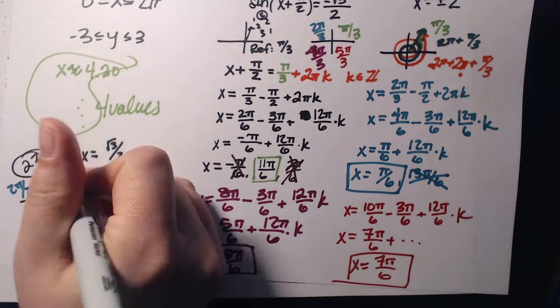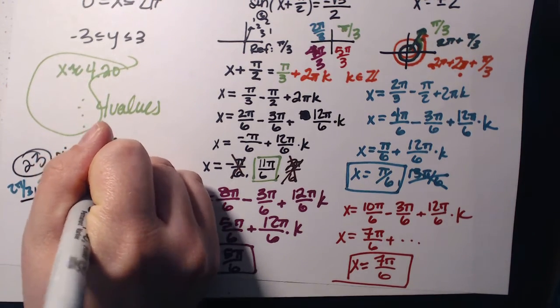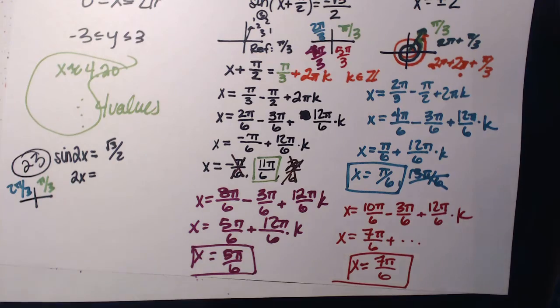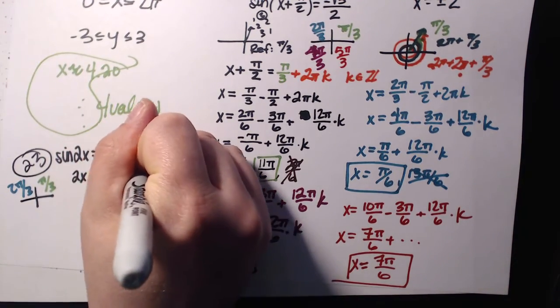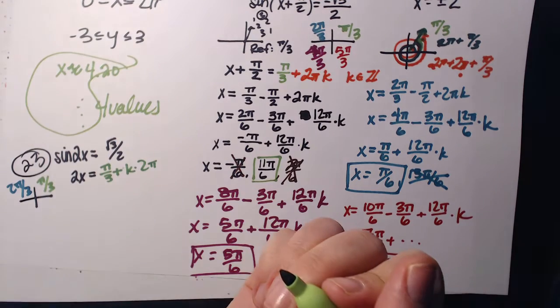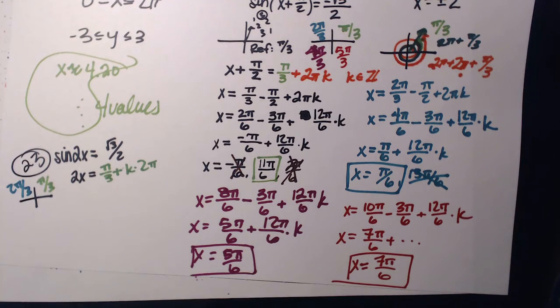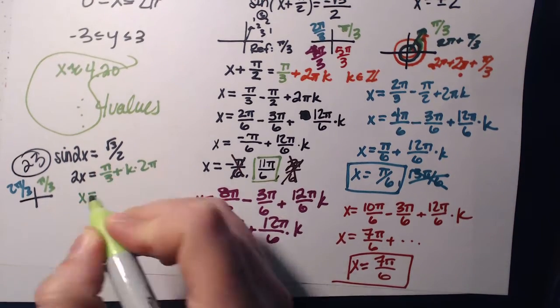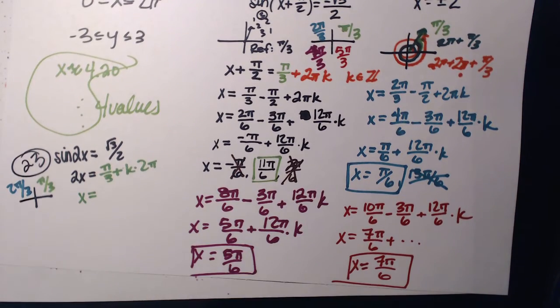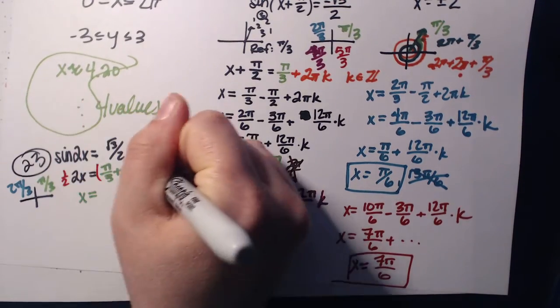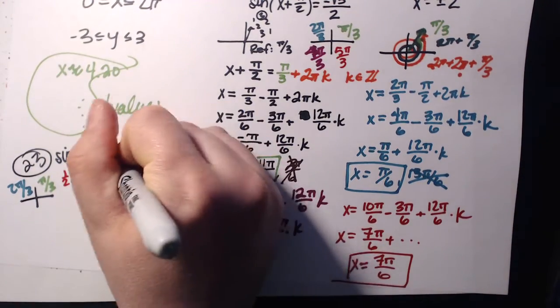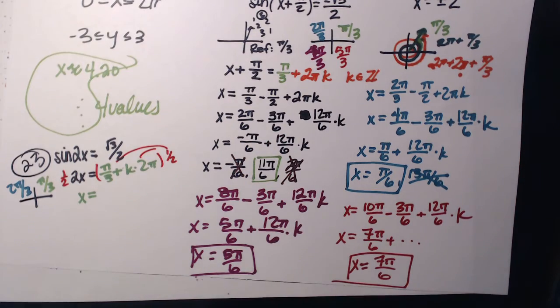So I'm going to say, well, 2x is equal to the pi thirds plus full rotations of that. Well, when I divide by 2, I think about it in terms of multiplying by 1/2. So this needs to go to both terms.